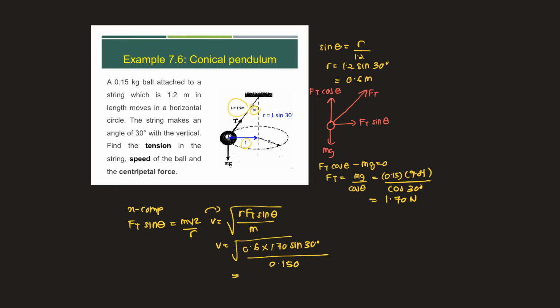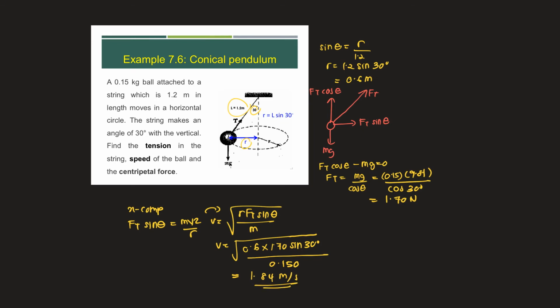So you get 0.6 times 1.70 sine 30 over 0.150, which gives 1.84 meter per second.